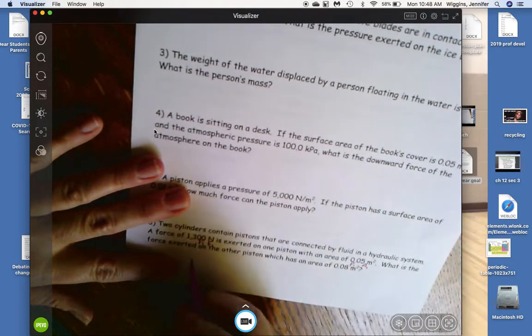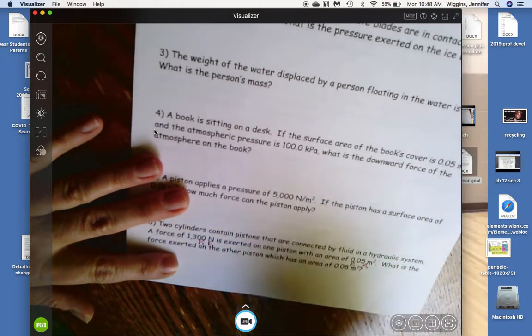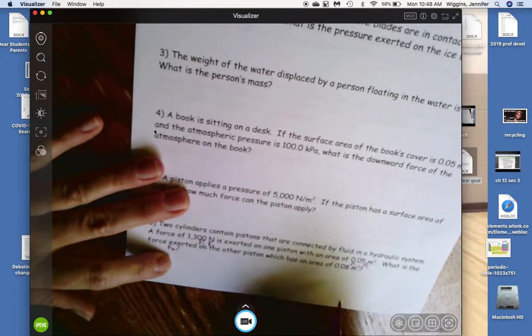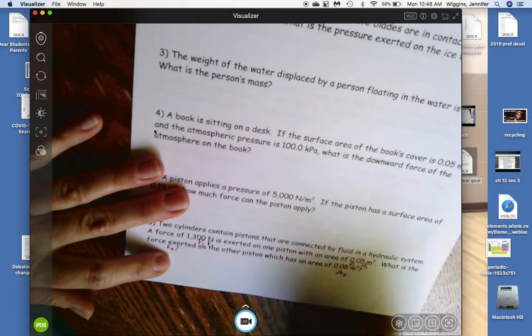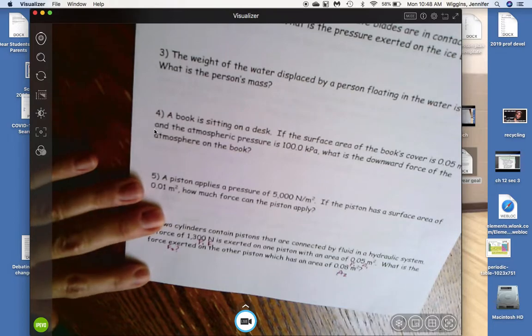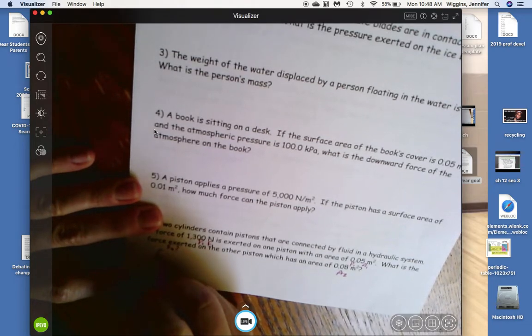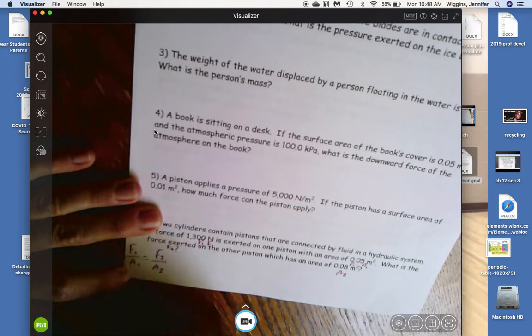What is the force? So we're looking for F2, on the other piston, and this is my A2. So I'm going to use the formula F1 over A1 equals F2 over A2.